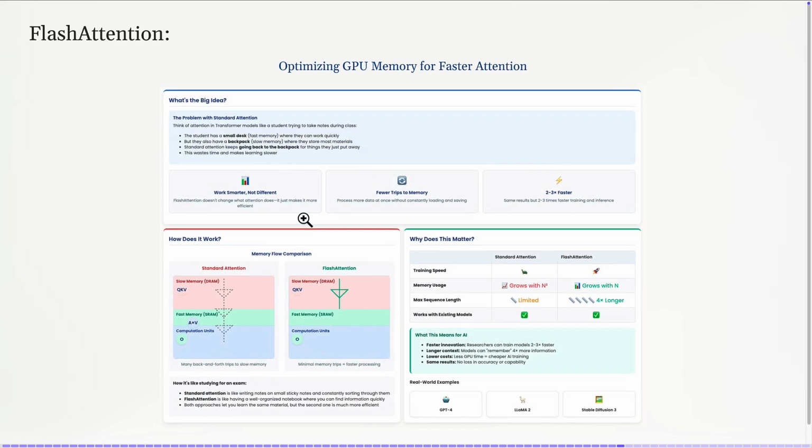Maybe one of the most famous techniques currently used is Flash Attention, and the objective is to optimize GPU memory for faster attention. So every technique has its own purpose. You can think about this one as, imagine a student who wants to take notes during class, and the student has a small desk, which is the fast memory.